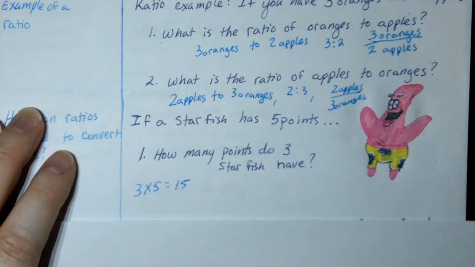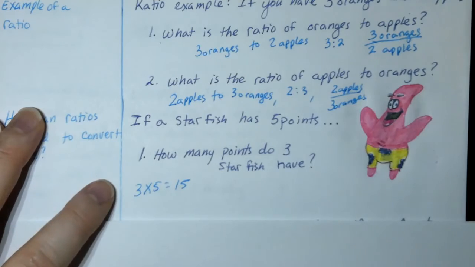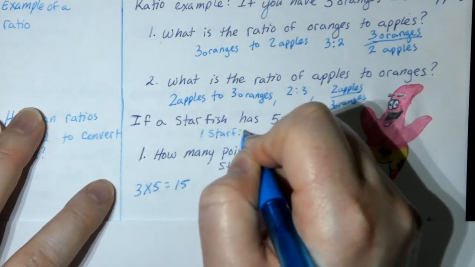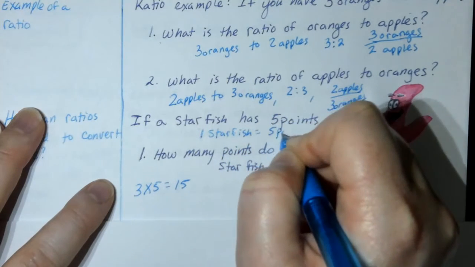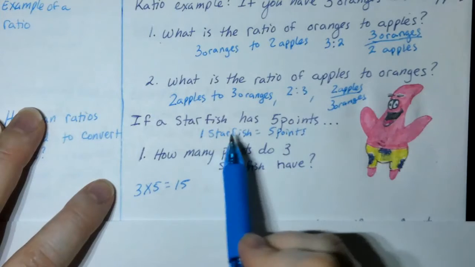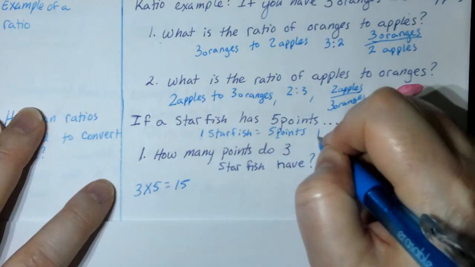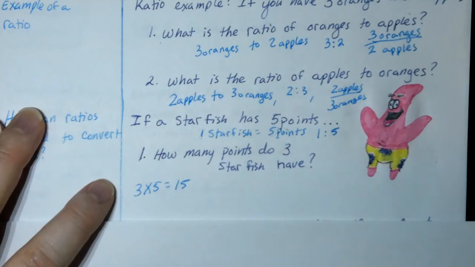But just because I want to make it a little more interesting, we're going to change up how we do it. So we are going to say that 1 starfish equals 5 points. And this is actually going to be a conversion factor, or a ratio, 1 to 5.